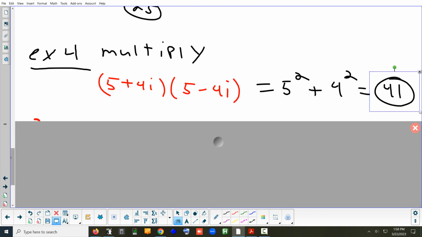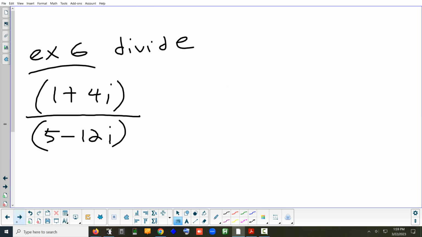So why is it important we have answers without i's in them? Well, because I'm going to show you how to do this. When you have a division problem, the only rule about dividing complex numbers you've got to be careful about is you cannot leave an i in the bottom. Just like you can't leave square roots in the bottom. So what we're going to have to do is multiply by something that would get rid of this i.